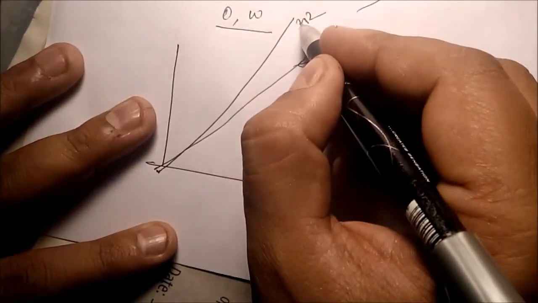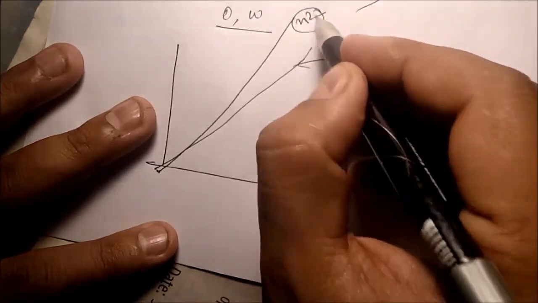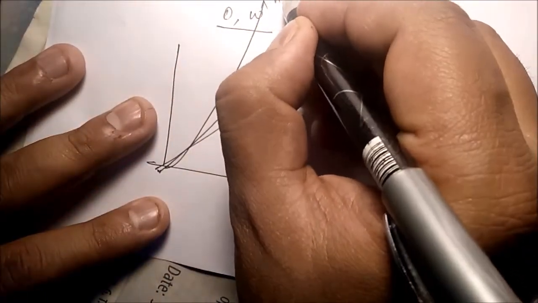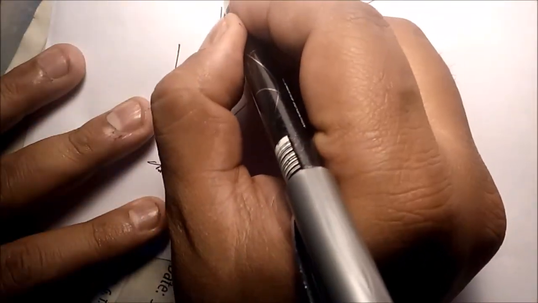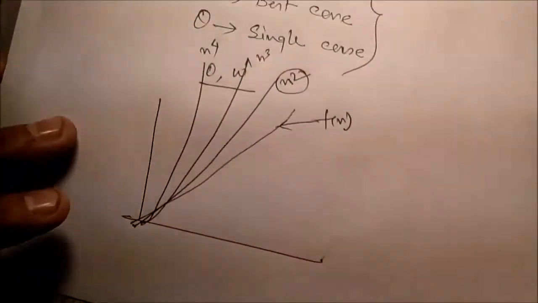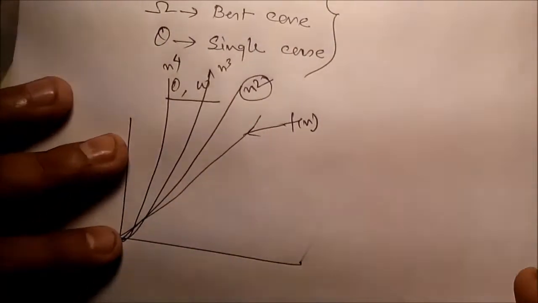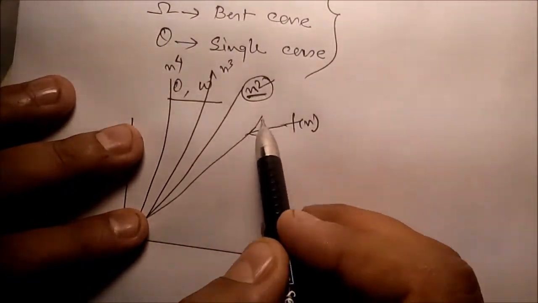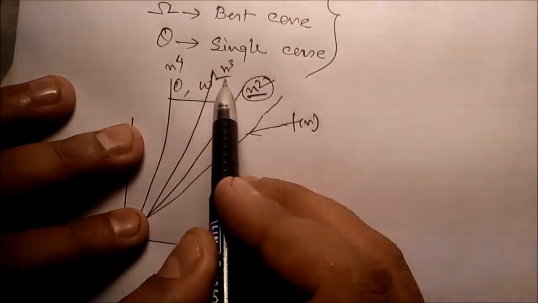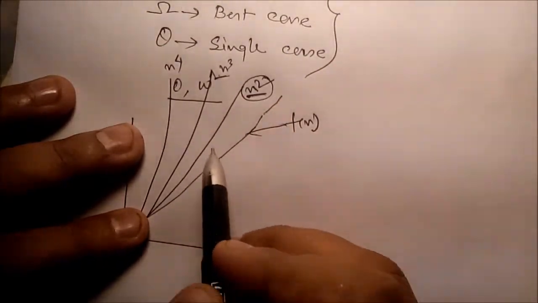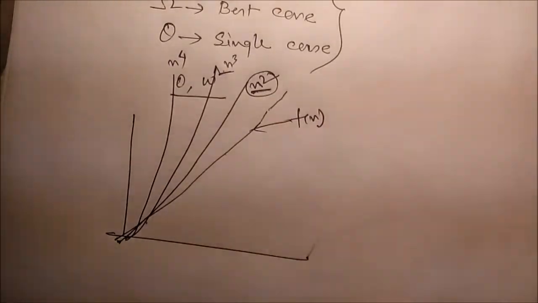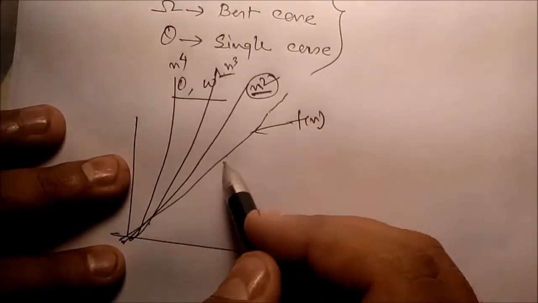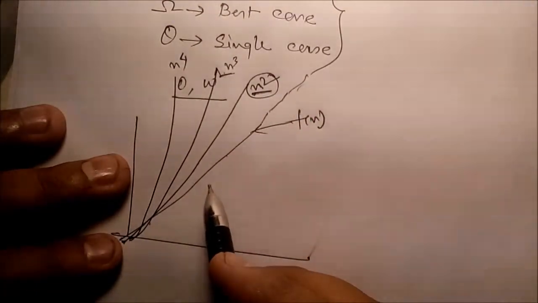If n square is asymptotically tight and it is the worst case, then n cube is also a worst case, n to the power 4 is also a worst case. But n square is asymptotically tight, very near to the actual. n cube is not near to the actual, it is not asymptotically tight. It goes far away from this particular actual function.